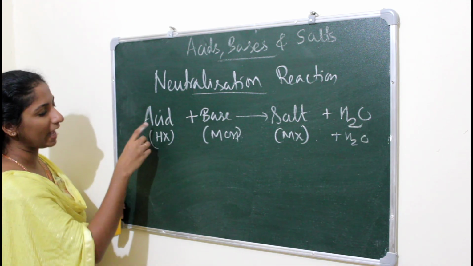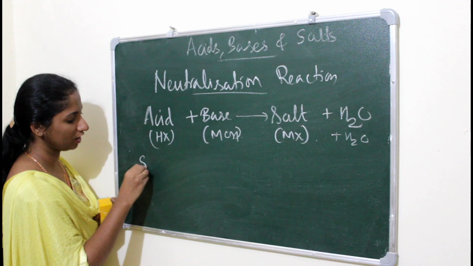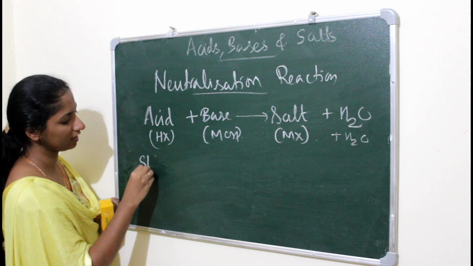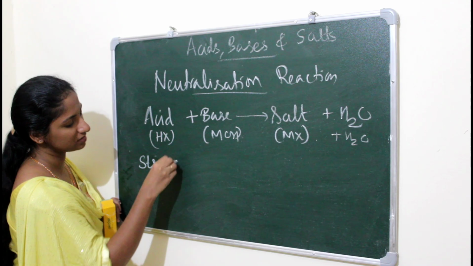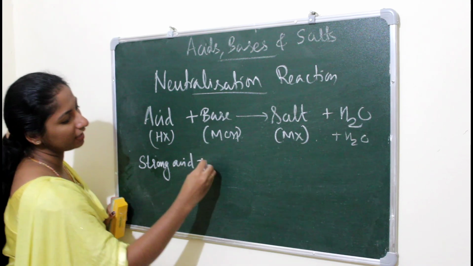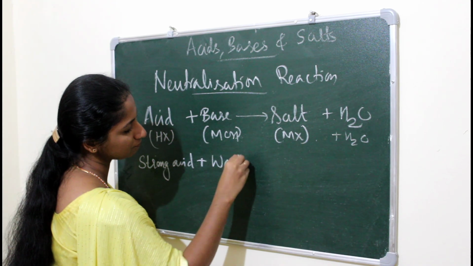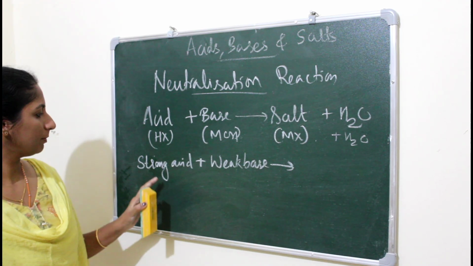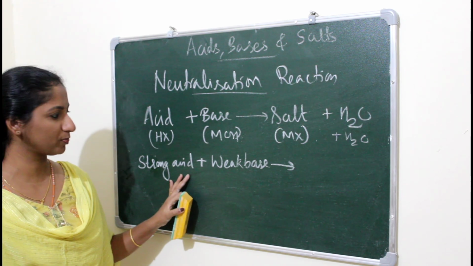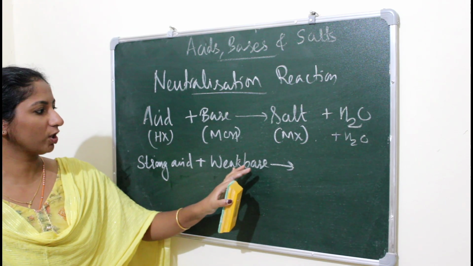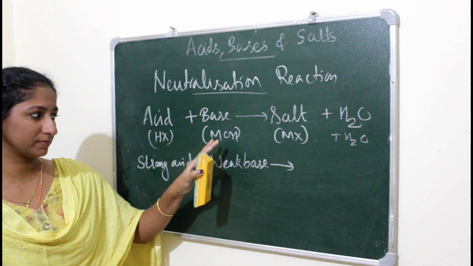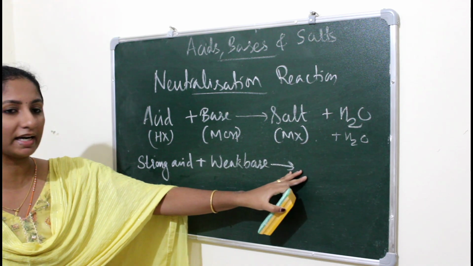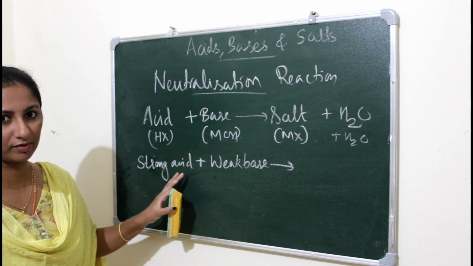Okay, so if the acid taken is strong, that means strong acid, and we are taking weak base, what will be the nature of the salt formed? Because strong acid has more amount of H plus, right? In weak base there is more amount of metal, that means less amount of OH minus, right? So we can say that the salt will contain more amount of H plus ion, right?